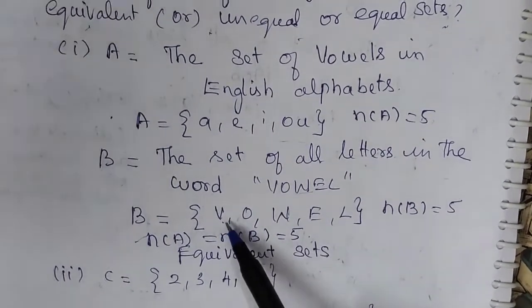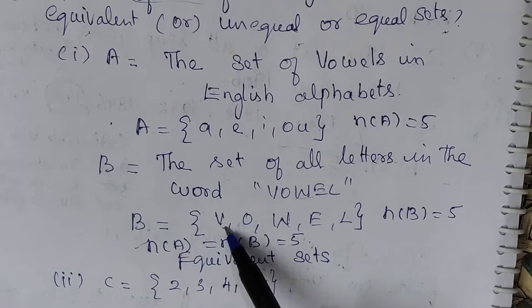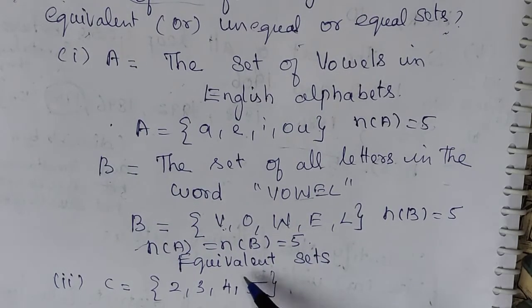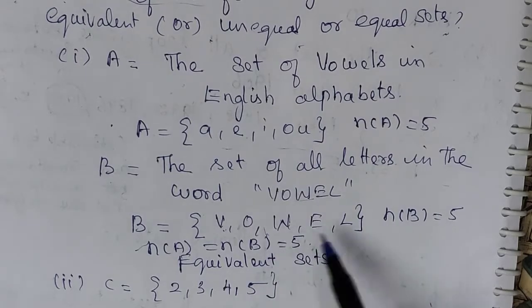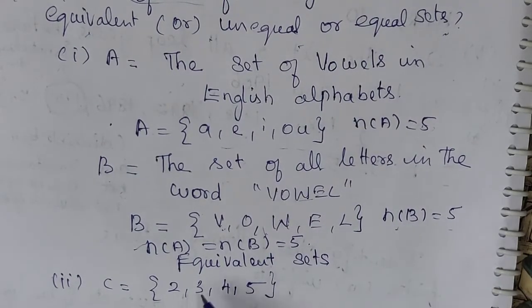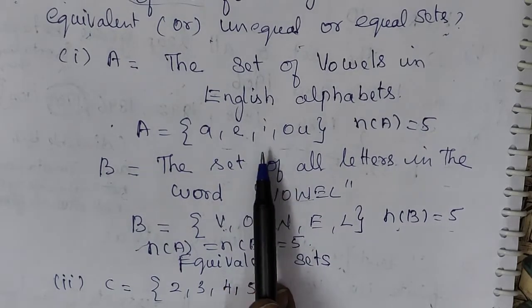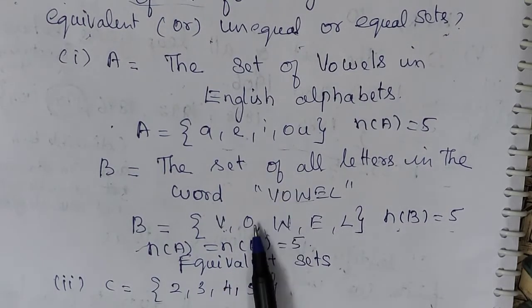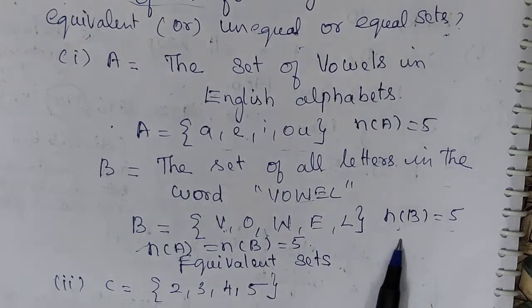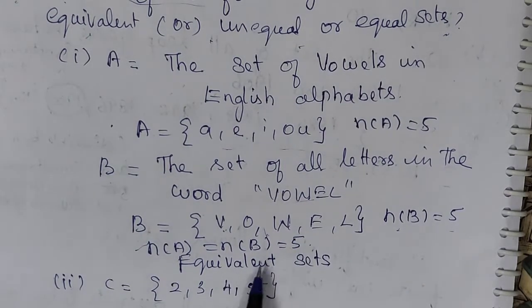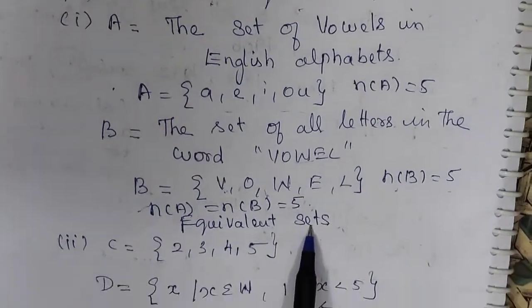So we write all the elements of set B: V, O, W, E, L. There should not be any repetition, and here there is no repetition. So n of B equal to 5. First of all, you can say whether it is an equivalent or equal set only when the elements are listed out. Now n of A equals n of B equals 5. So they are equivalent sets.